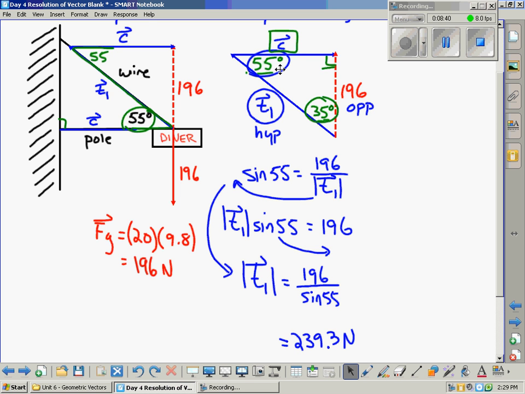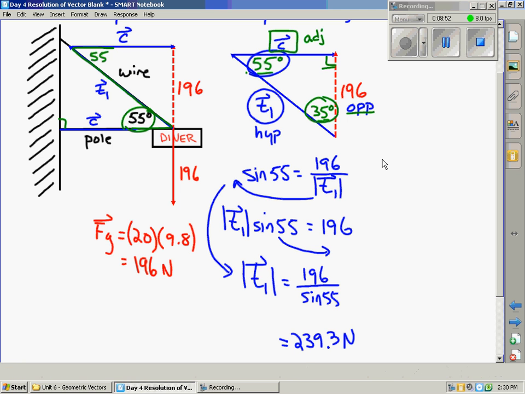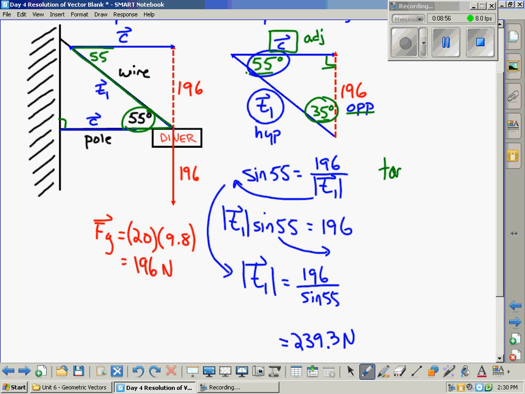So if we use 55, then C is the adjacent side, and 196 is still opposite, so we'll use tan. Tan 55 equals 196 over C, opposite over adjacent.